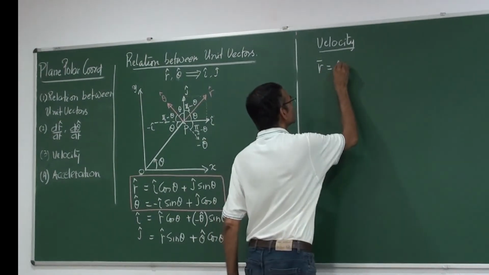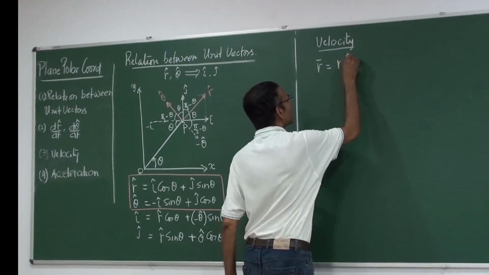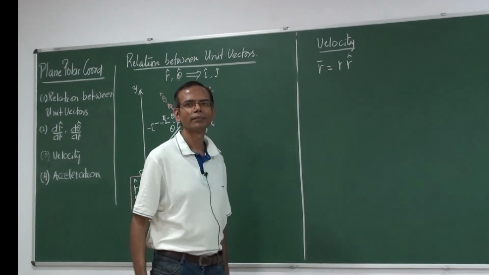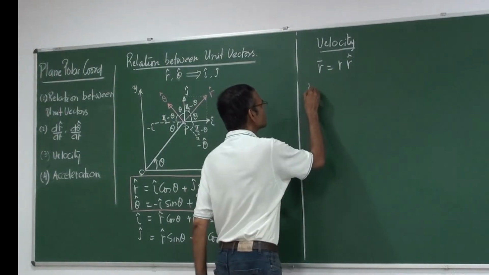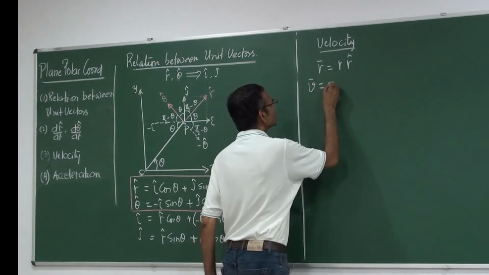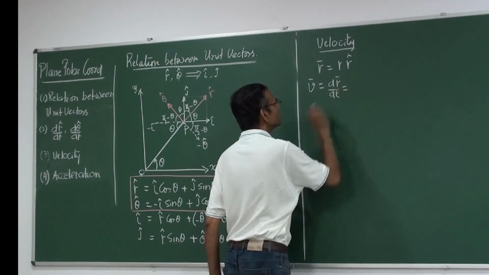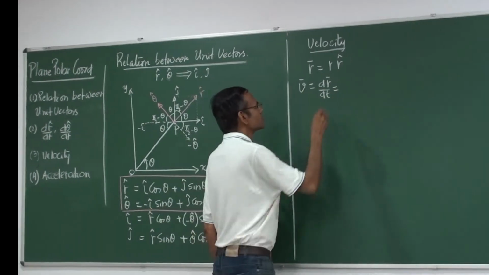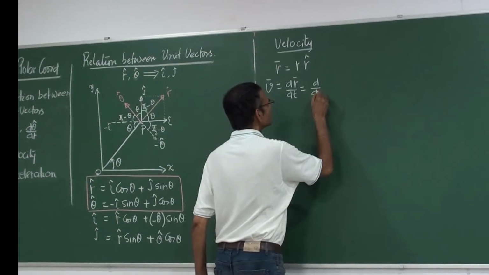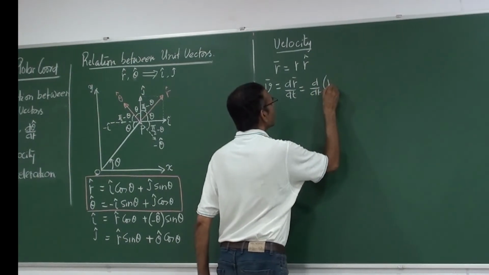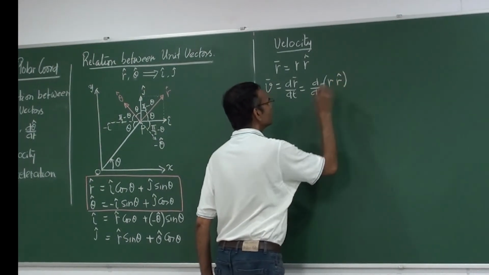So r vector is r r cap, and velocity is equal to dr vector by dt, which is d/dt of r r cap.